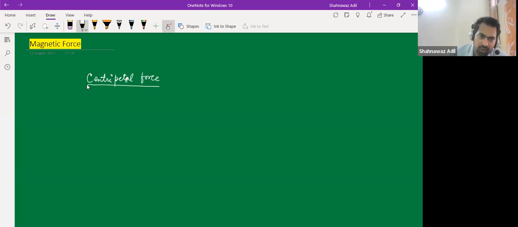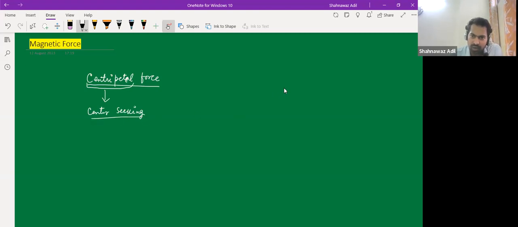Right. So what is the meaning of centripetal? Do you guys remember what is the meaning of centripetal? It means center seeking, right?